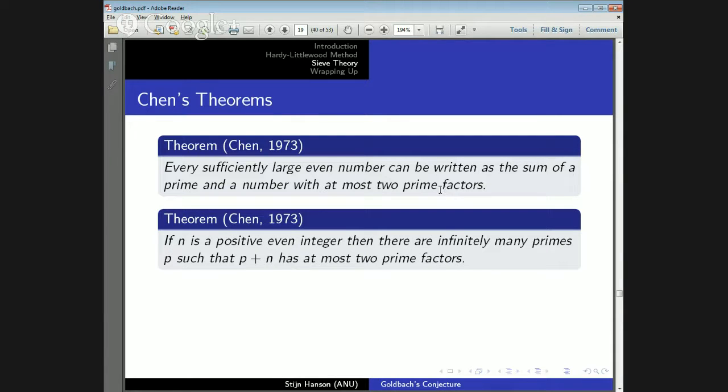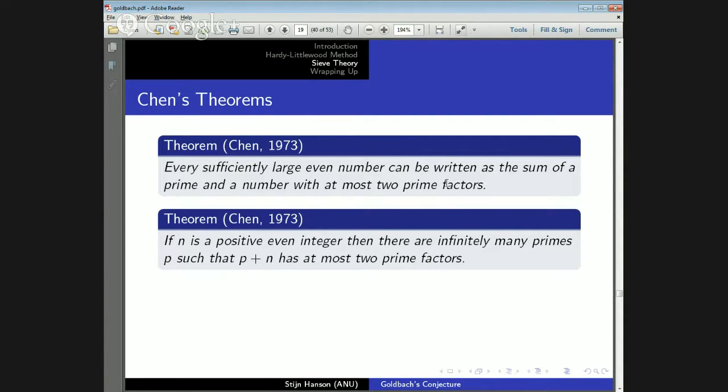Turns out they're not all that different, because in the same paper, he proved essentially a version of Polignac's conjecture: that if n is some positive even integer, then you can find infinitely many primes p such that p plus n has at most 2 prime factors.